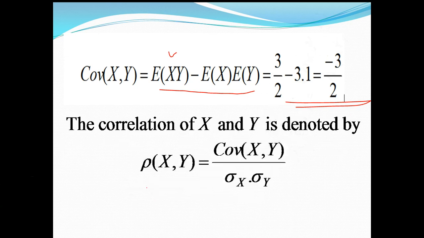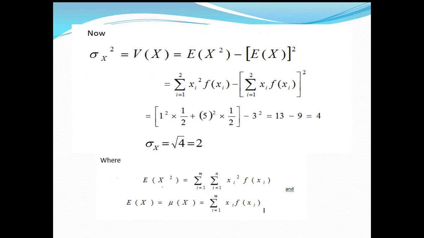The formula is rho of xy is equal to covariance of xy divided by standard deviation of x into standard deviation of y. Now we have sigma x square, that is the variance of x. We have to use the formula to find the variance of x. Then we can take the square root of the variance, which is the standard deviation of x.